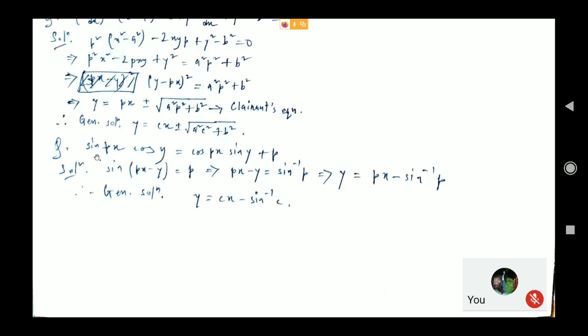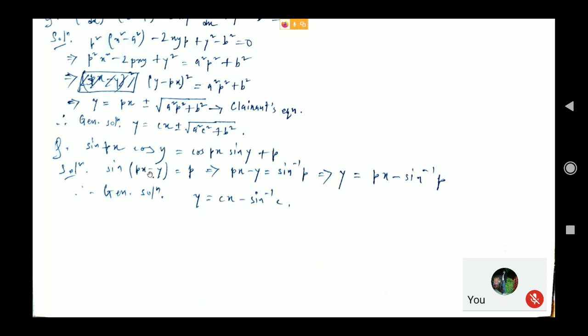Another equation here, sin px cos y equal to cos px sin y plus p. If we change sides, then we have sin a cos b minus cos a sin b, which is sin of a minus b. On the left hand side, we have sin of px minus y equal to p.